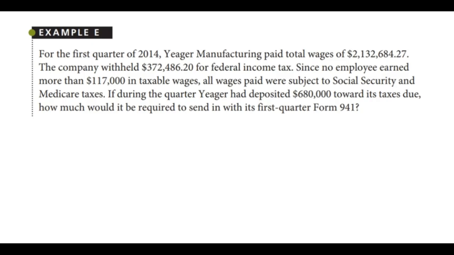In Objective 3, we were dealing with the employee, their Social Security tax and Medicare tax. We weren't dealing with the portion for the employer. That's what we're dealing with now in Learning Objective 5: the employer side.